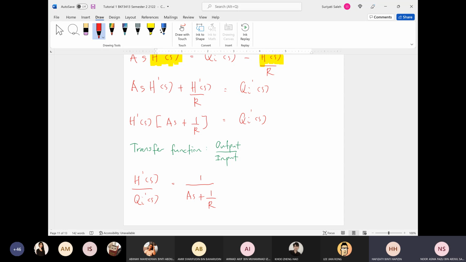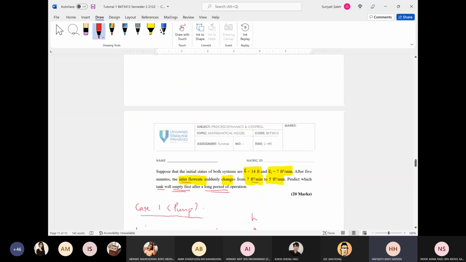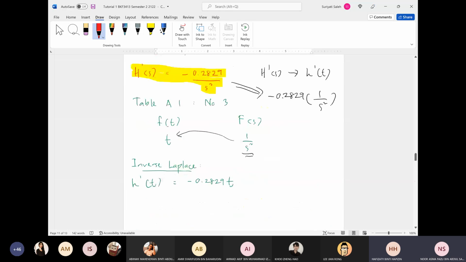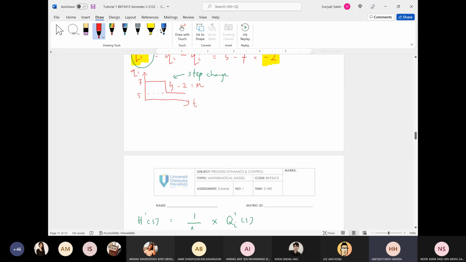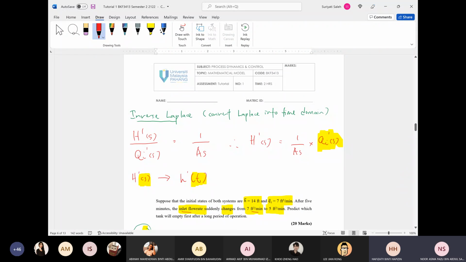So this is your transfer function, where you get H prime over Qi. Only here the difference is the form. Before this, in the case of the pump, your transfer function only obtained H prime over Qi equal to 1 over A s, only a single term.